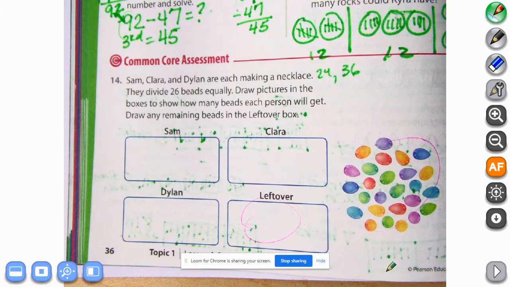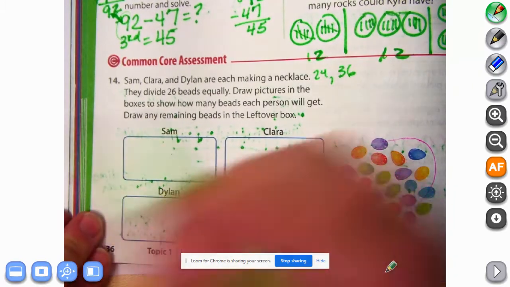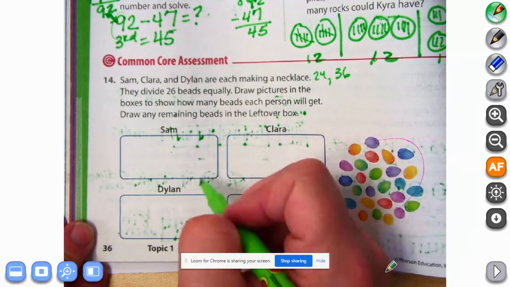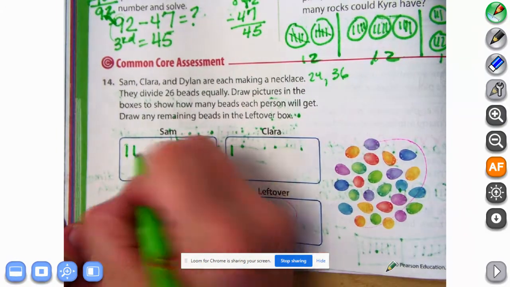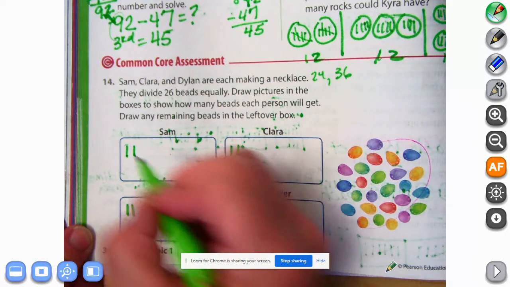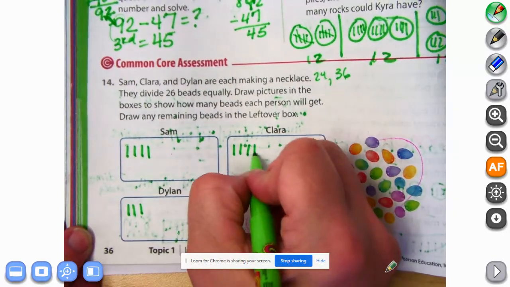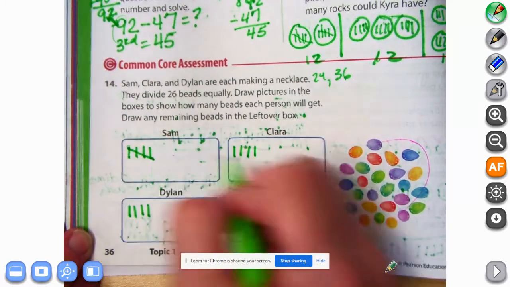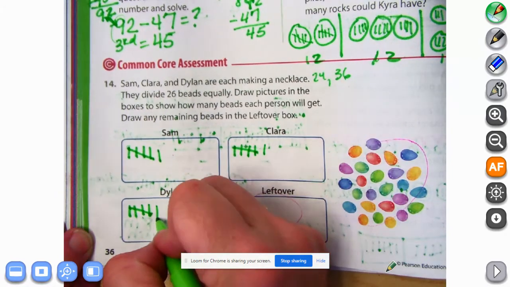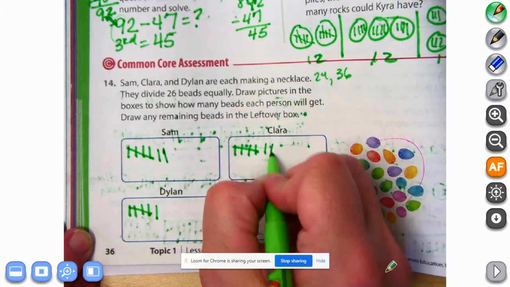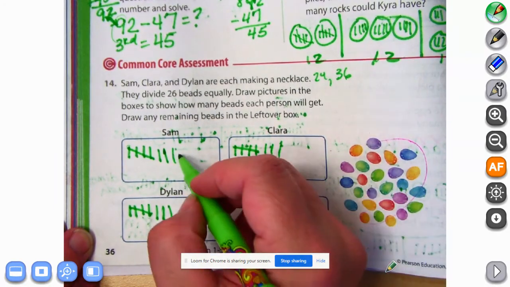Okay, so there's 26 divided up with 3 people, well, 4 with the leftover box. So let's go with everybody getting 1 bead at a time. 1, 2, 3, 4, 5, 6, 7, 8, 9, 10, 11, 12, 13, 14, 15, 16, 17, 18, 19, 20, 21, 22, 23, 24, 25, 26.